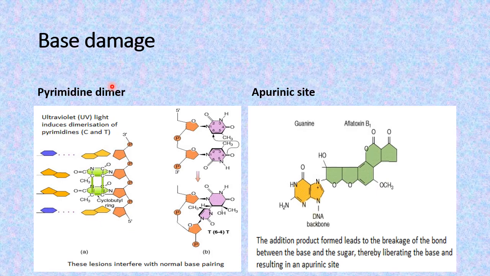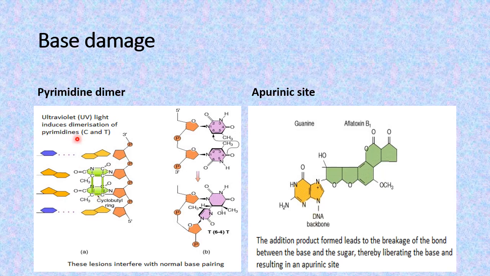Now another possibility is that neither is a base analog involved, nor is there a change in the chemical structure of the nitrogenous base. Instead, there is damage to the nitrogen base itself.